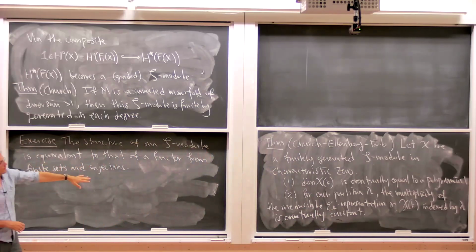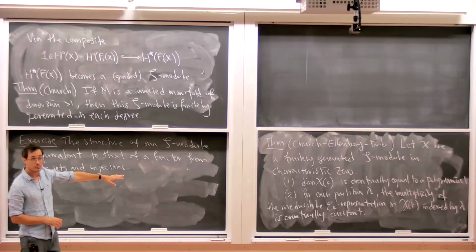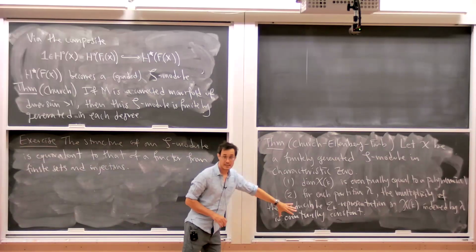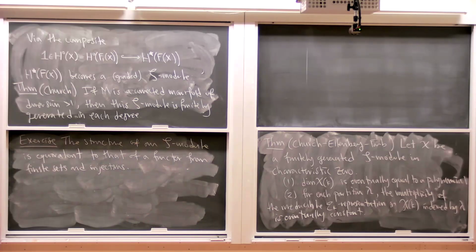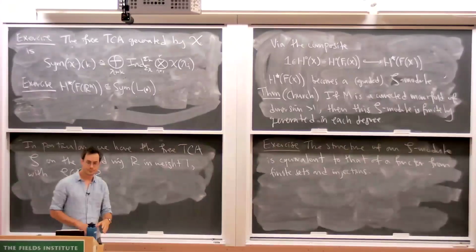So this result is what's called representation stability, or rather the second statement is what's typically called representation stability. Okay. Questions about any of this before we turn to an outline of the proof of Church's theorem? I'm not going to say anything about Church-Ellenberg-Farb.